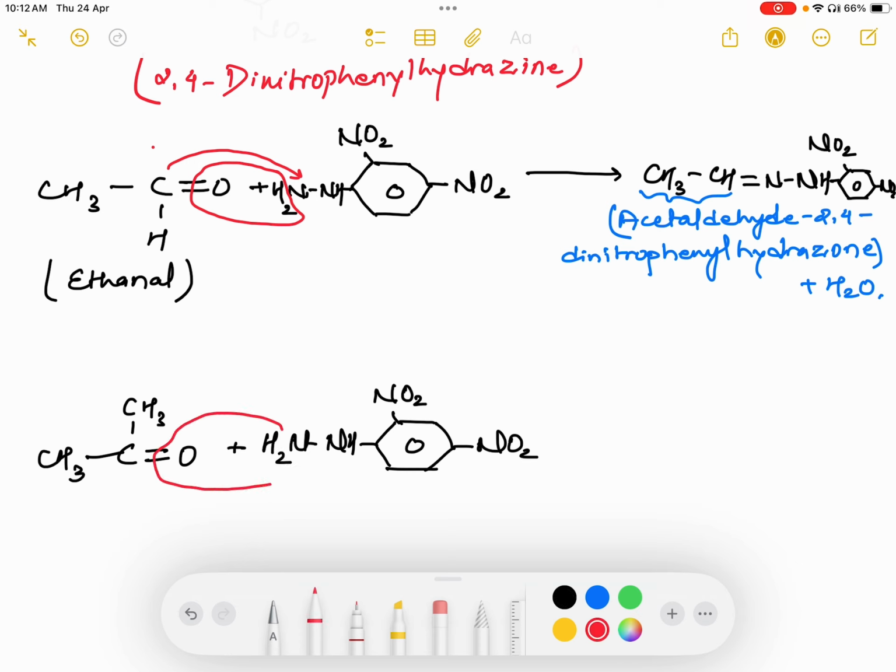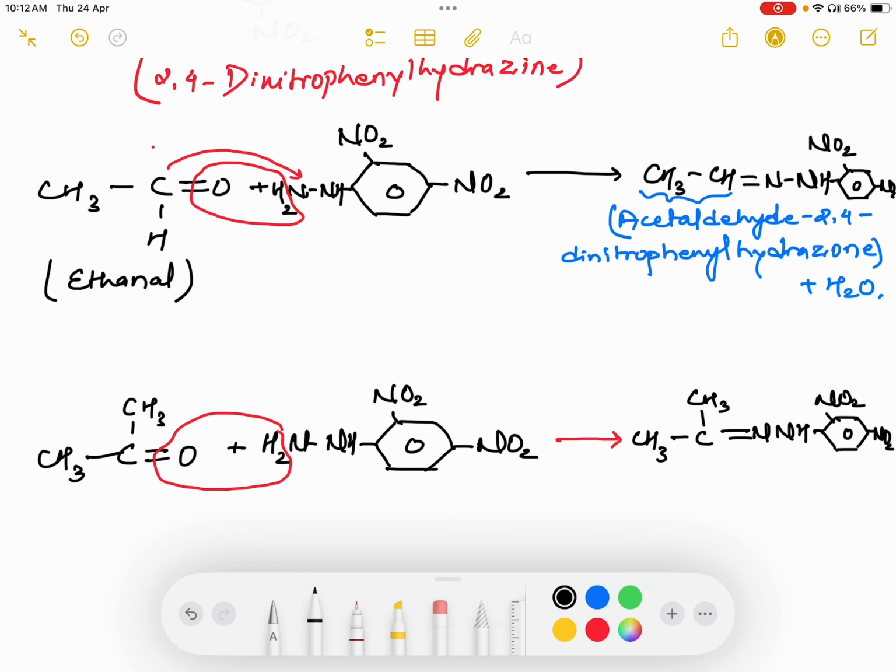The H2 will take away the oxygen, and there will be the formation of a product which looks like CH3, C, CH3, double bond N, NH, with a benzene ring and two nitro groups attached to it.